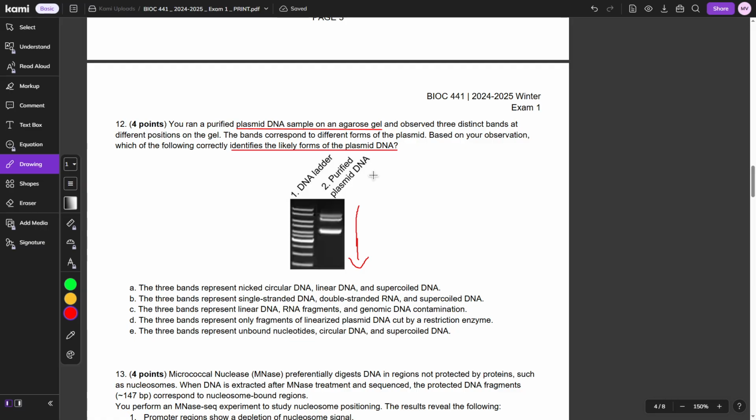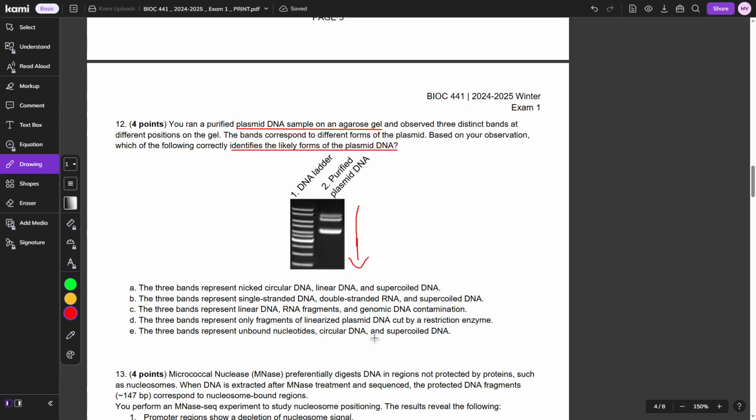And then linear strands move faster than nicked strands. Nicked strands are very slow, so I would expect nicked first, then linear, and then supercoiled. So let's start from E this time actually.